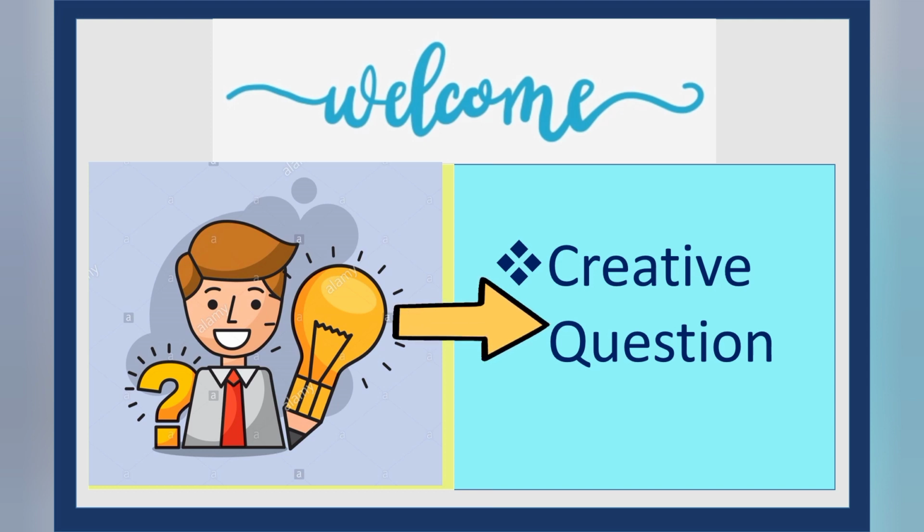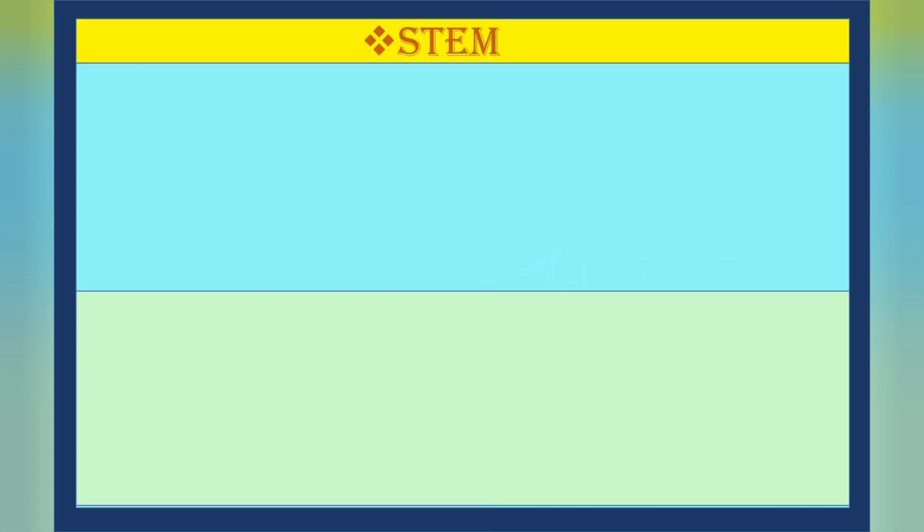So in a creative there are 4 questions, right? A, B, C, D, and chronologically every question will bear 1, 2, 3, 4 marks, right? So we will move forward to our creative question.